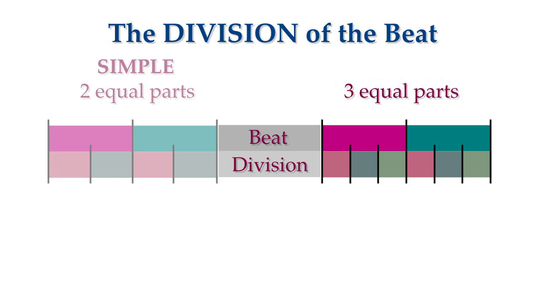If we divide the beat into 3 equal parts, we say the division is compound. We feel a pulse when the beat starts. We also feel weaker pulses exactly 1/3 and 2/3 of the way through the beat. Some people call this pattern a triplet.